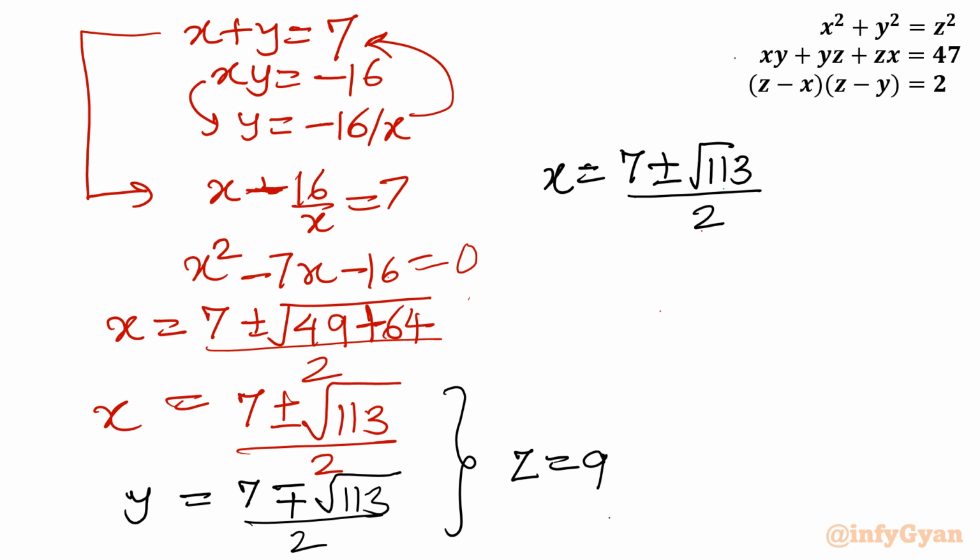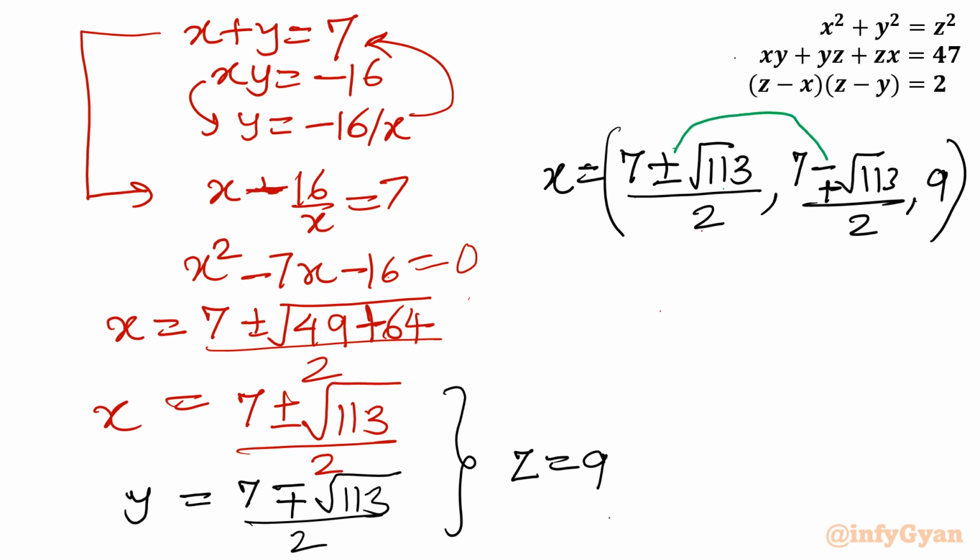This is x value. Then y will be 7 minus plus square root 113 over 2, and z is 9. How many values are there? 2 values. You will read plus and minus for both. So this would be plus and minus one solution, and minus and this bottom plus is one solution. So again, two solutions we have calculated.